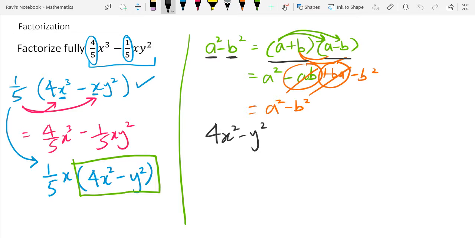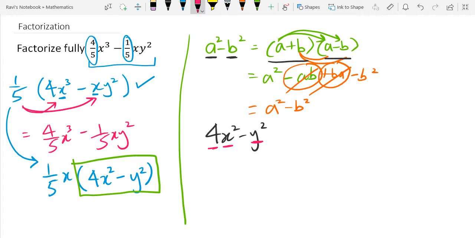Here the y squared is a single term, but this is two terms, 4 and x squared. So I cannot just take x squared minus y squared directly, because there is still a 4 here. But if I can group this as a single term squared, then I can use the above equation.